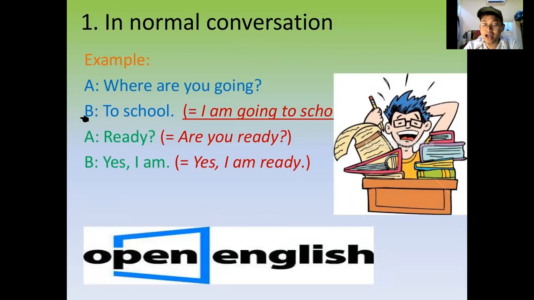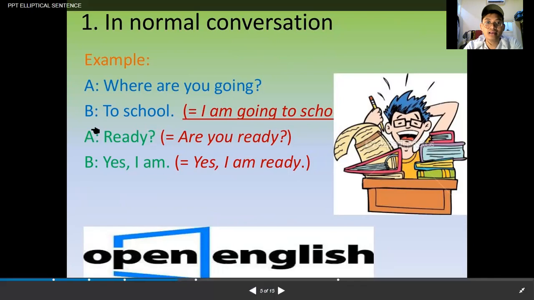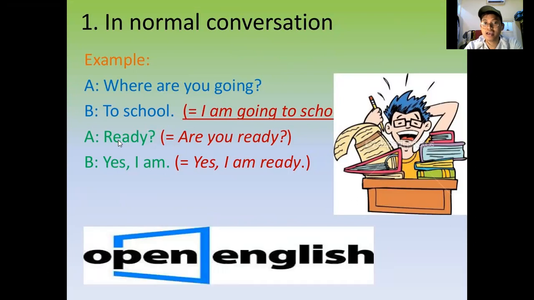That's actually an elliptical sentence. And A replies, ready? It's also an elliptical sentence because in the long version, it's supposed to be, are you ready? Are you ready or not? Instead, we usually say, ready?